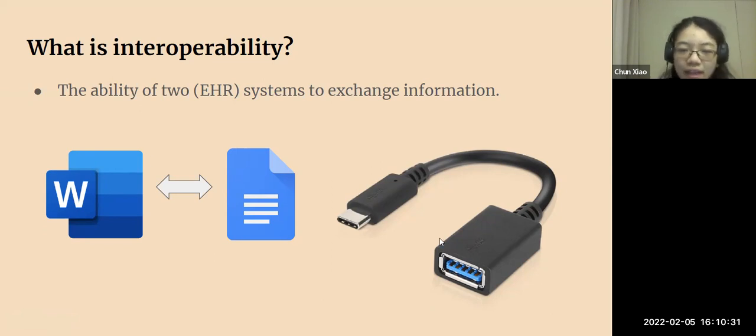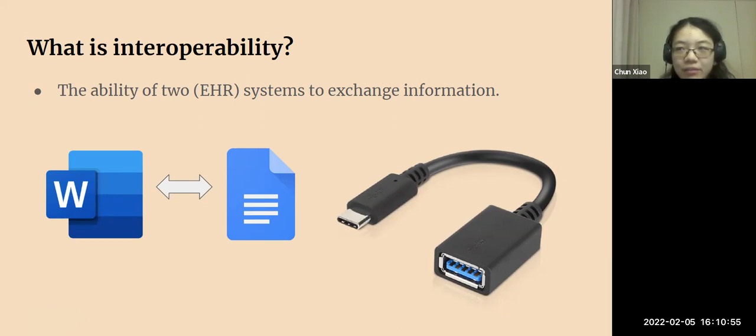I also have a picture of a USB-C and USB adapter. This is also an example of a way that information can be transferred from one system to another without losing its meaning. As you can imagine, it's important for EHR systems to have this interoperability so that doctors can get information from different places.